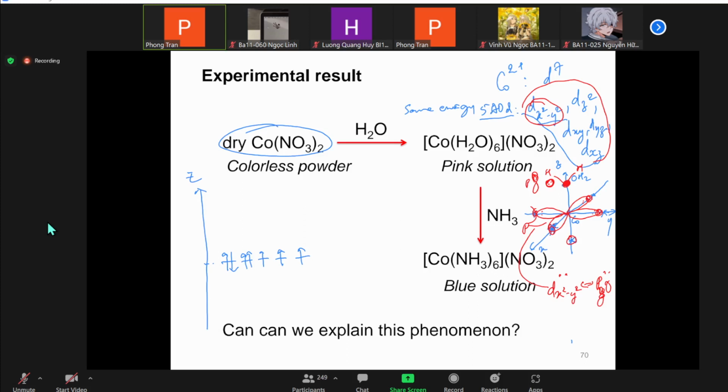The same thing if you take this orbital, like this. You have the direct interaction here, dz², interaction with the p of oxygen is a very strong interaction. So how about the orbital dxy? You know that the dxy is in between x and y like this.